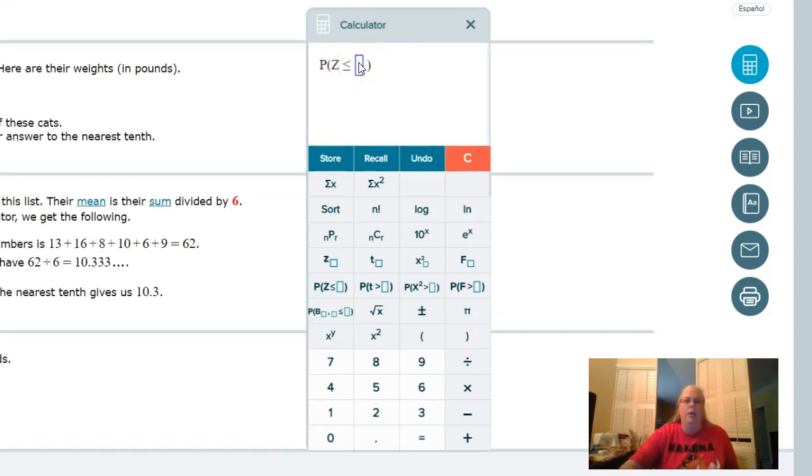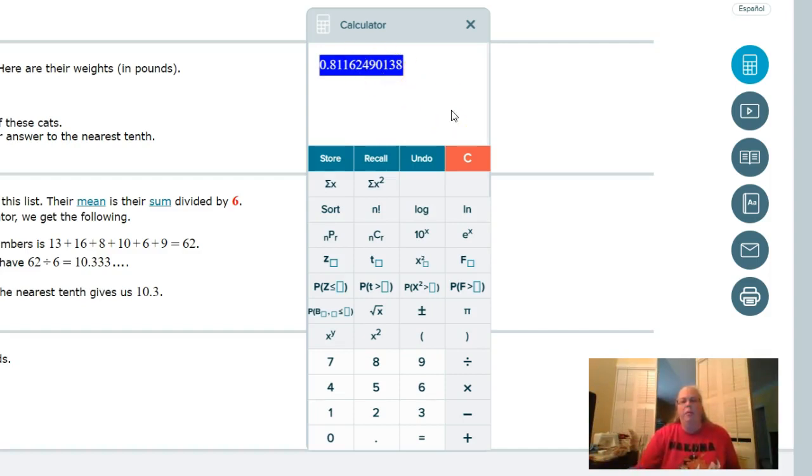So I'm going to put in 0.8839. And then if we push enter, that's going to give me an area.